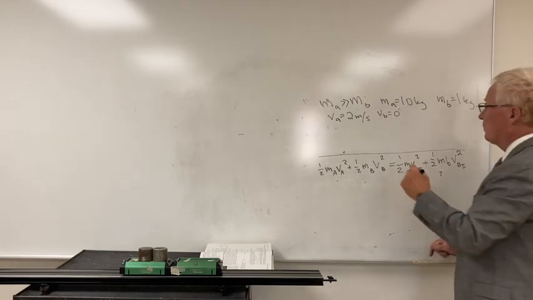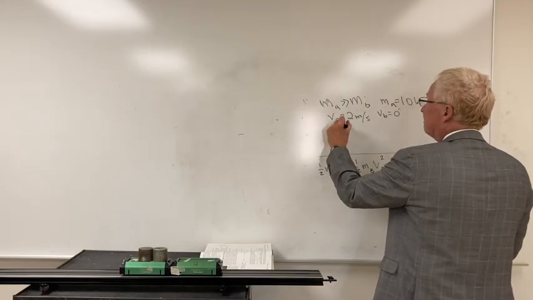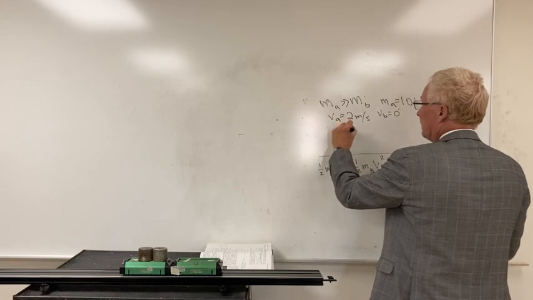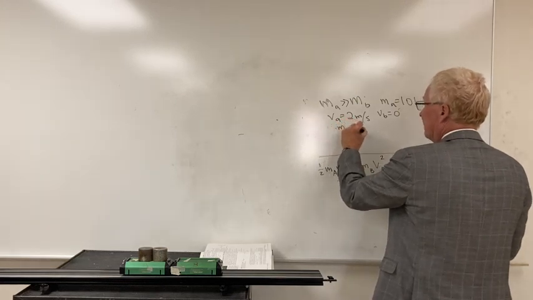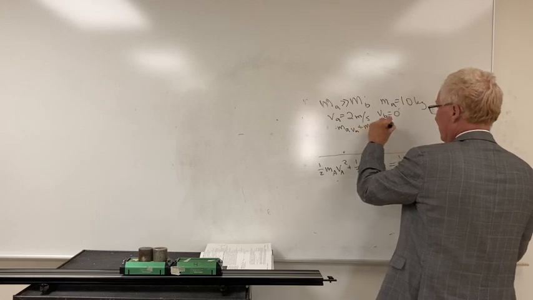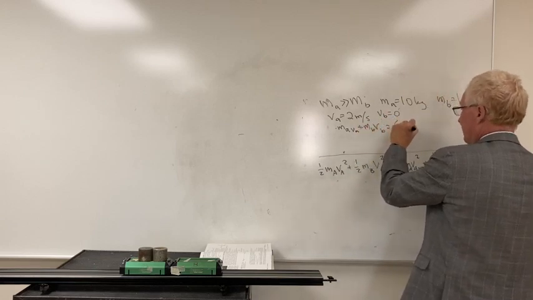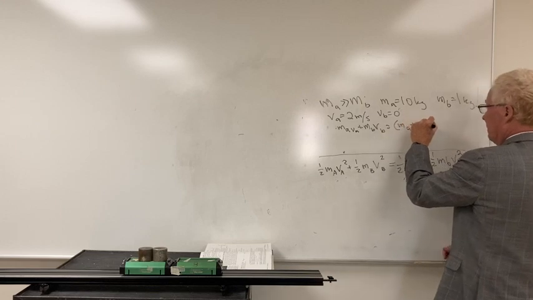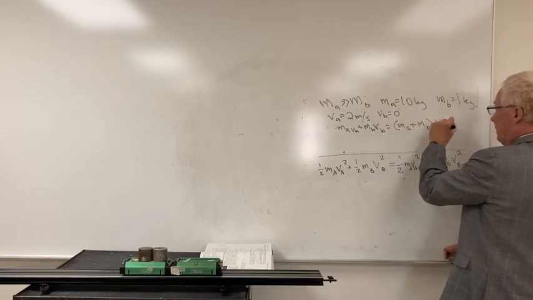Again, we have our expression for momentum, MA VA plus MB VB equals both of them together times V final.